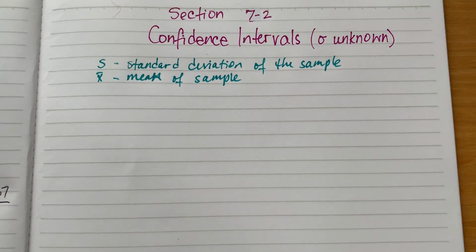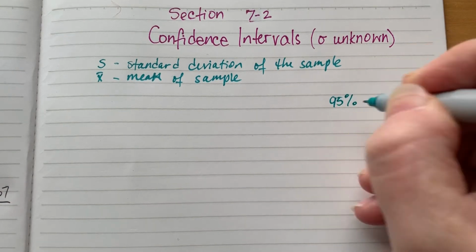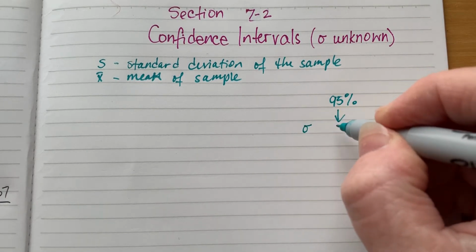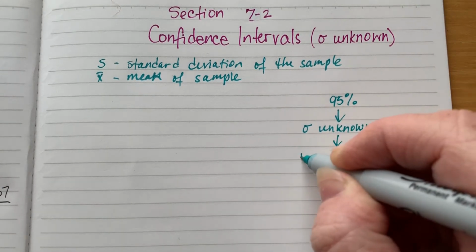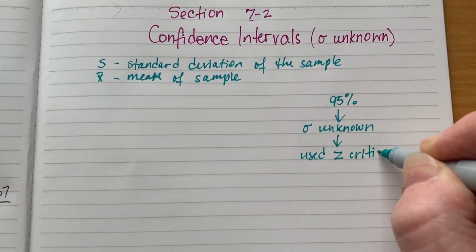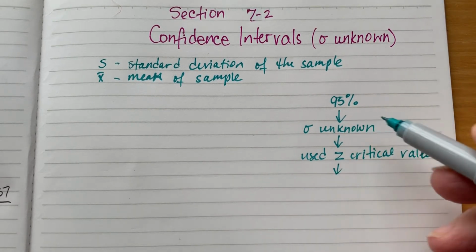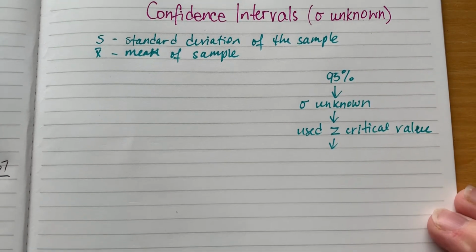And if we continued using the z distribution, say I wanted to find a 95% confidence interval when sigma was unknown, and I used my z critical value, what would happen is that more than 5% of my confidence intervals would miss my parameter.